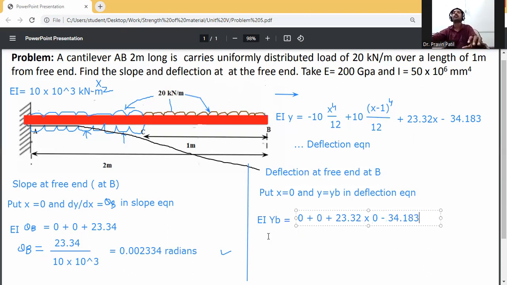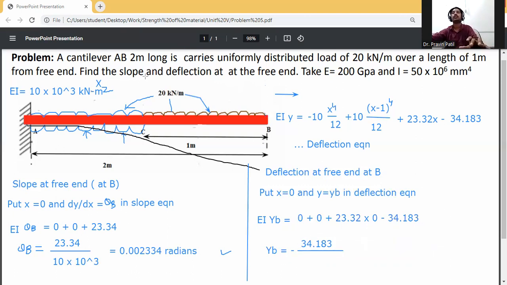So yB is equal to minus 34.183 divided by EI.